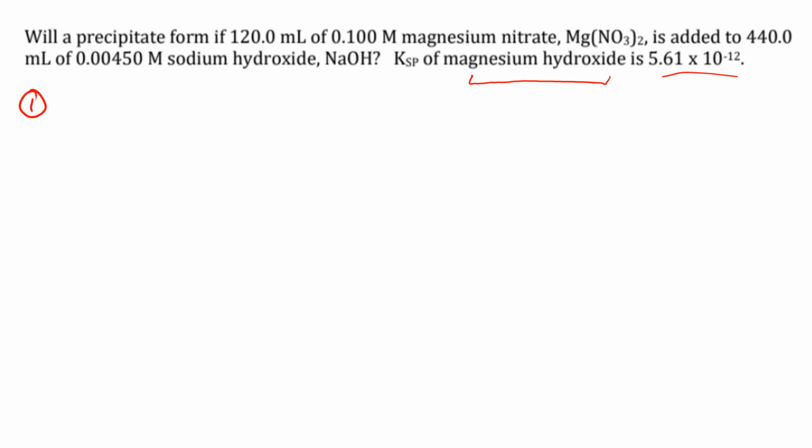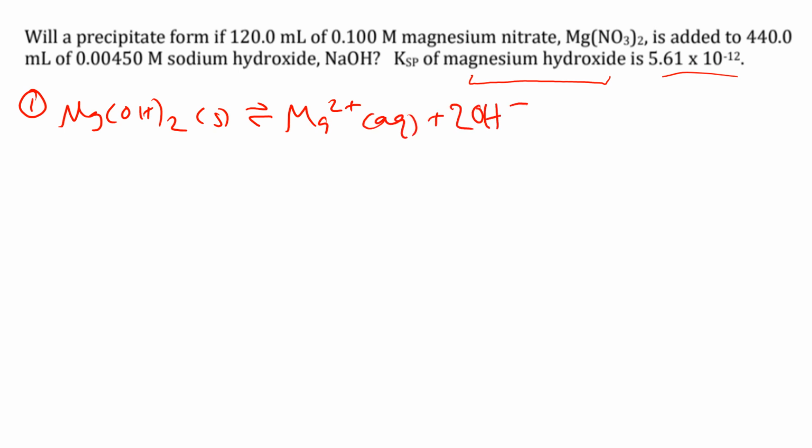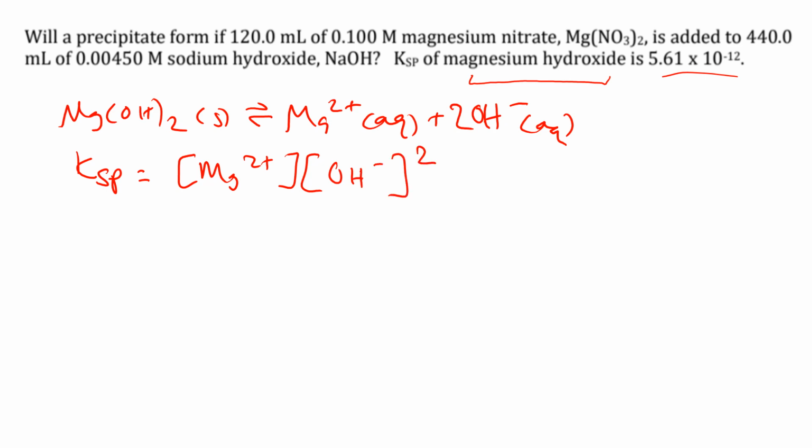The sodium ions and the nitrate ions are spectators, so they're not involved. So you've got to figure out what my reaction is. Mg(OH)2 solid produces Mg2+ aqueous plus 2 OH- aqueous. So my Ksp will equal the concentration of Mg2+ times OH- squared. What they're asking though is, will a precipitate form?